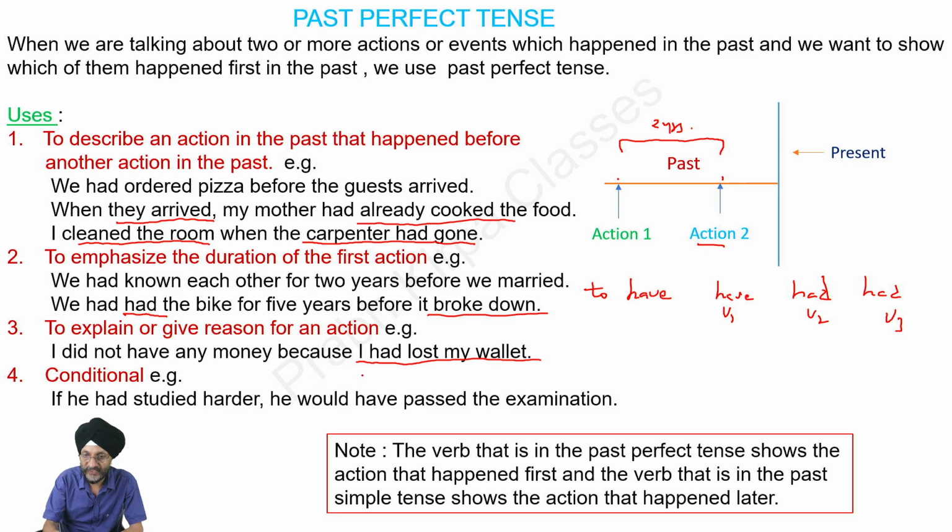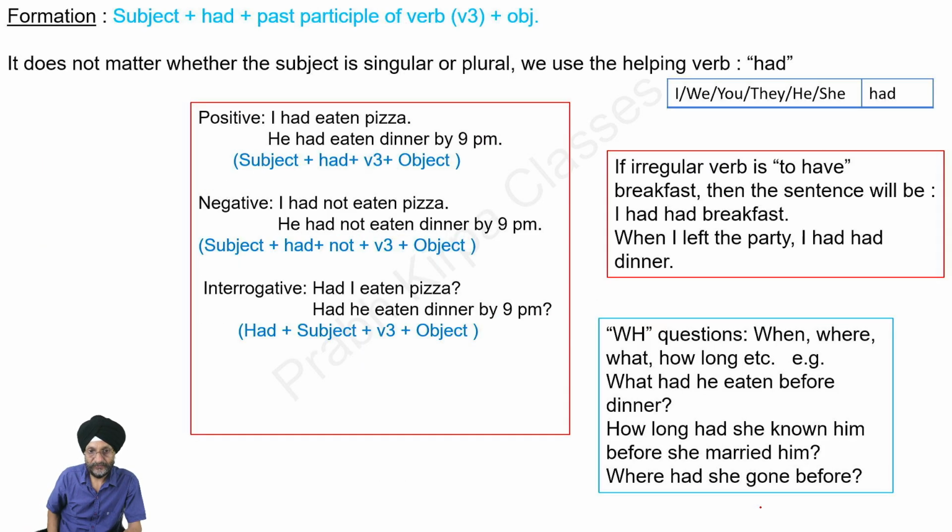So this part of the sentence is in the form of past perfect tense. Next, conditional. If he had studied harder, he would have passed the examination. Here is a note: the verb that is in the past perfect tense shows the action that happened first, and the verb that is in the past simple tense shows the action that happened later.